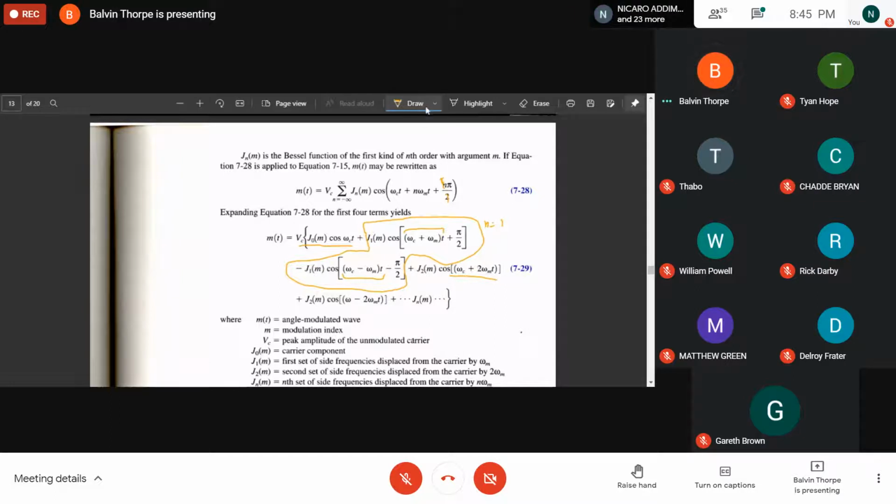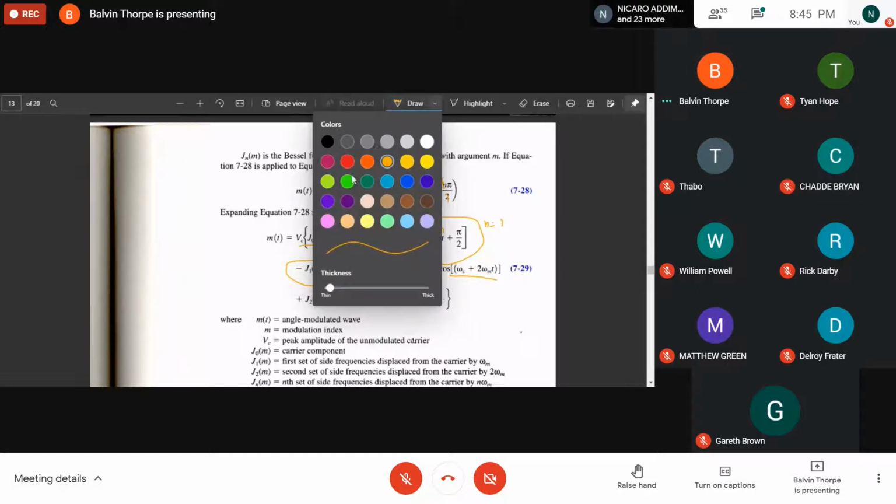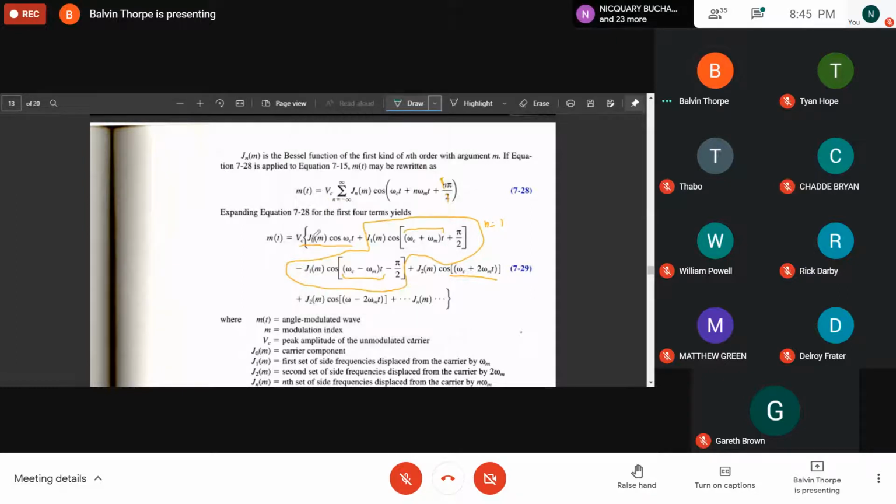I should use a different color. Because remember, I was putting in values. This is when n equals 0 in the expression. So when n is 0, that goes and that goes, right? So you're not left with this part of the expression.